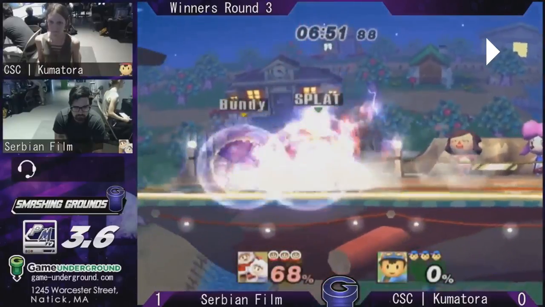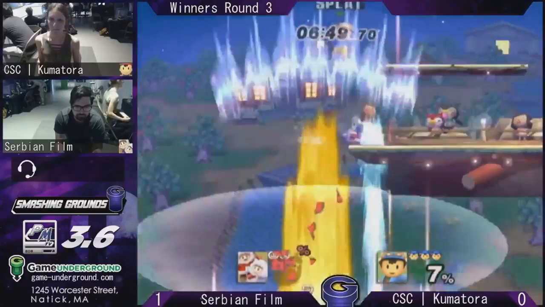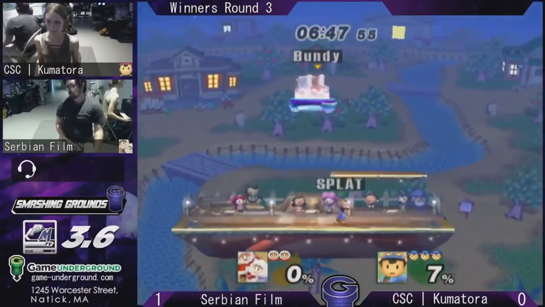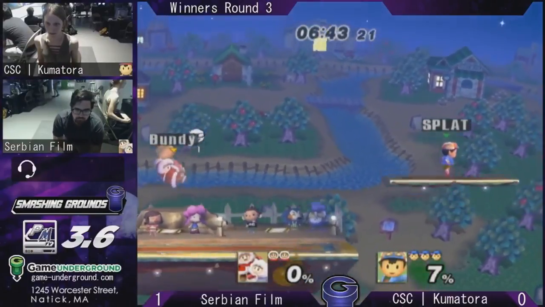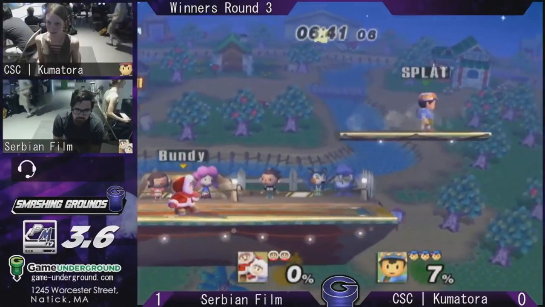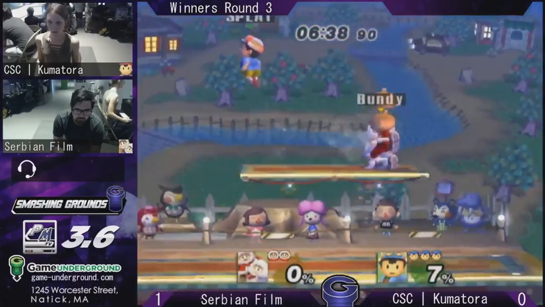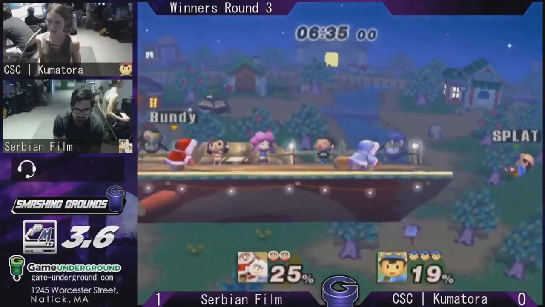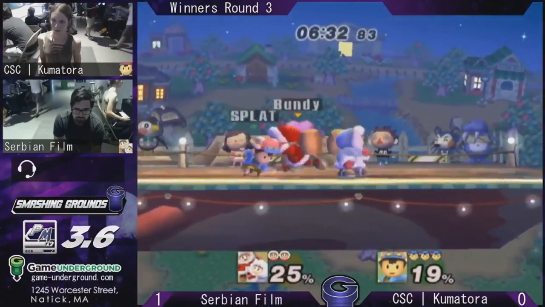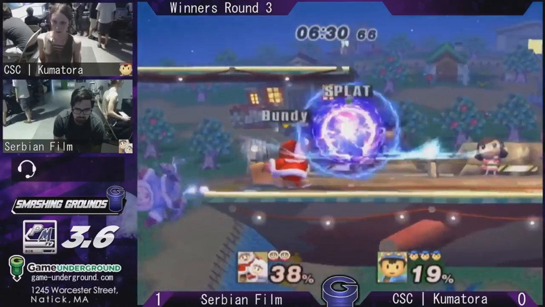Ice Climbers can't do too much. And Serbian film overextends a little bit there, so that's why that stock goes. But what would really change the pace and the rhythm of this game would be to figure out how to deal with the Ness that's on platforms like this, always shooting PK Fires at this angle that the Ice Climbers very clearly can't cover. How do you do that?